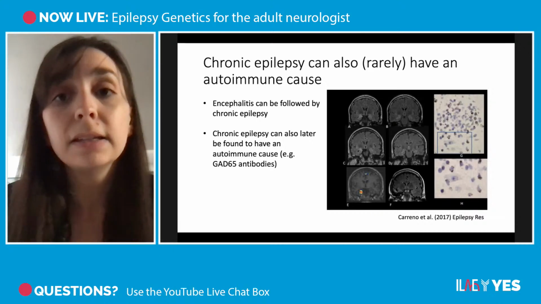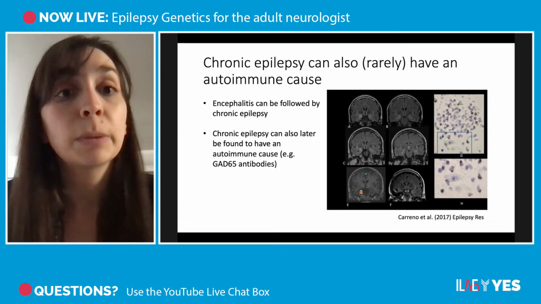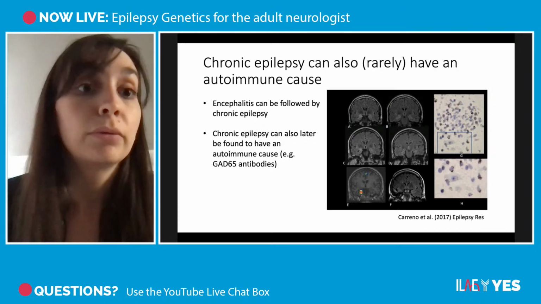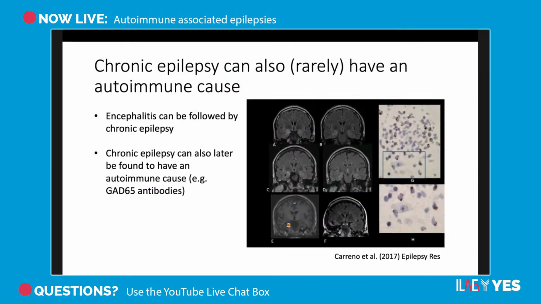The flip side to the question of seizures in the context of autoimmunity is patients who have chronic epilepsy and may not have had an encephalitis. So there's a population of patients who may have a chronic epilepsy and don't have clinically an autoimmune encephalitis syndrome.